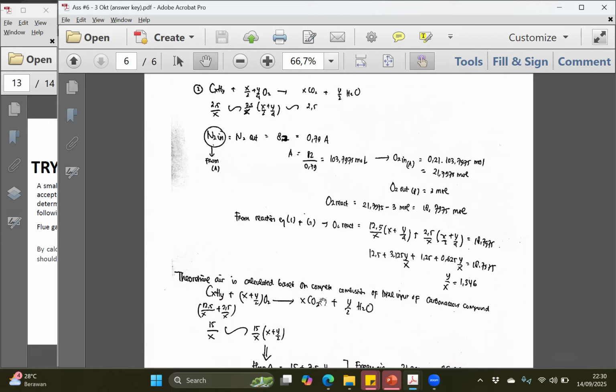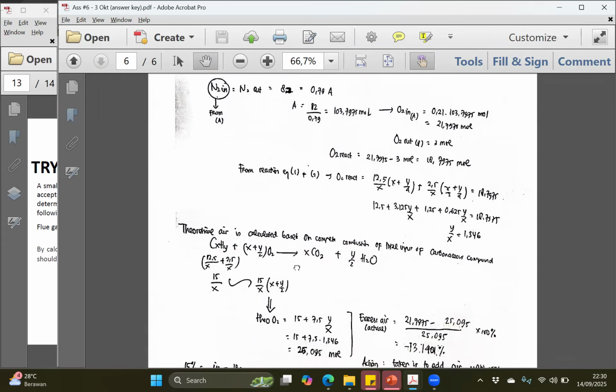The theoretical oxygen is calculated based on the complete combustion of the total input of the carbon-based components. So CxHy plus O2 all becomes CO2, because to calculate the theoretical oxygen I have to assume that everything is converted to CO2, and water, of course.